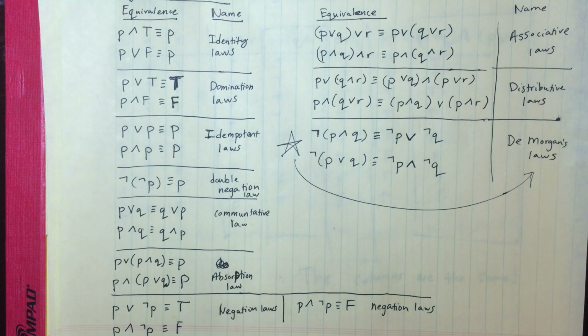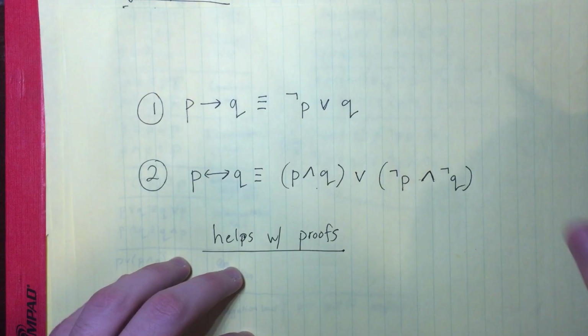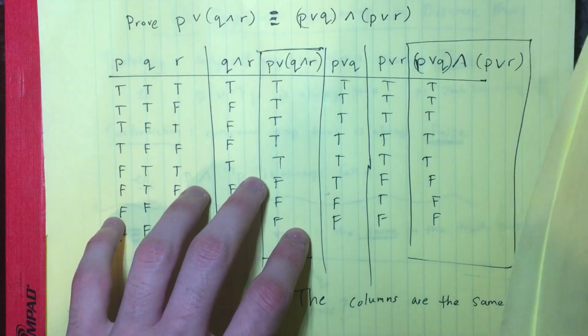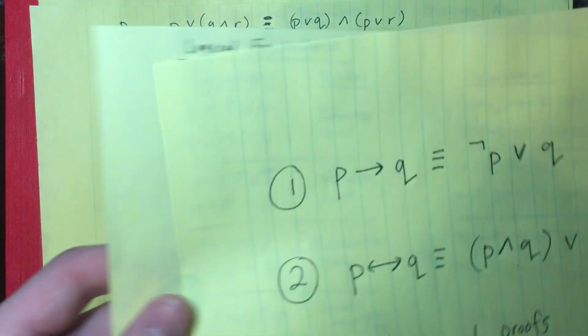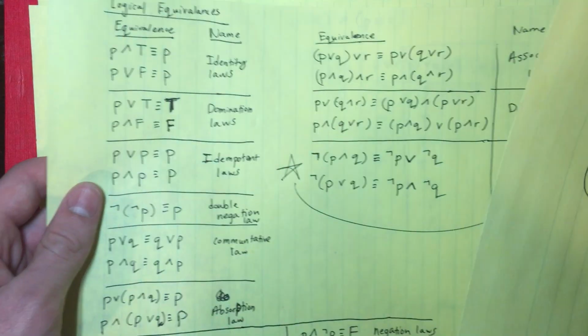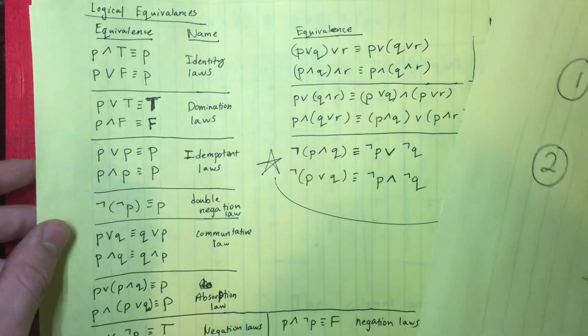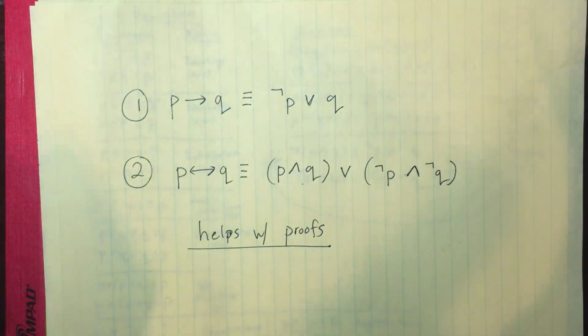Last but not least, like I said, one way you can prove logical equivalence is with a truth table. The other way is when you're using proofs, these laws help, and this is extremely helpful.